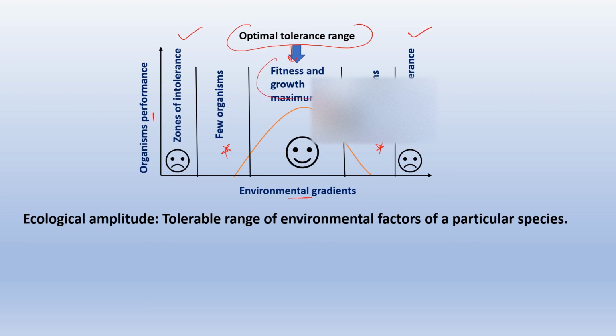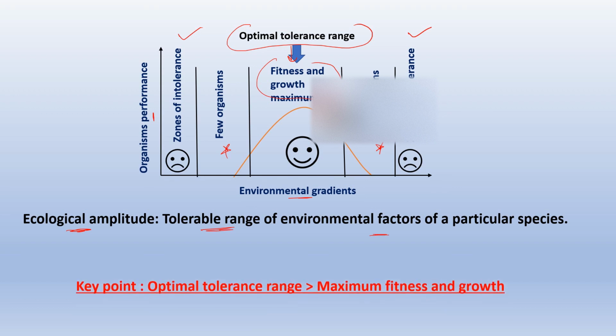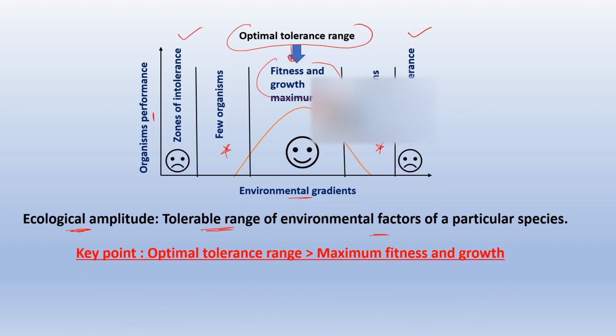Here the fitness and growth is maximum. Okay, so here is one terminology related to this law, the ecological amplitude. This is nothing but the tolerable range of environmental factors of a particular species. So the key point you have to remember is that there is maximum fitness and growth in the optimal tolerance range, beyond which the organism is not able to survive.